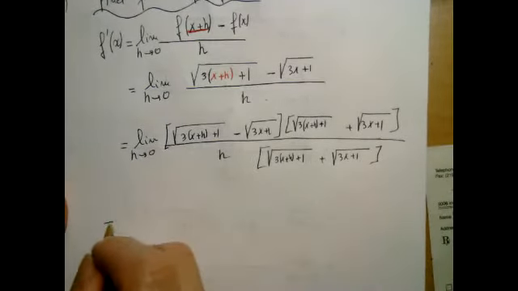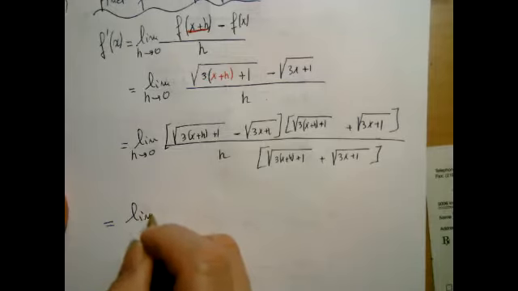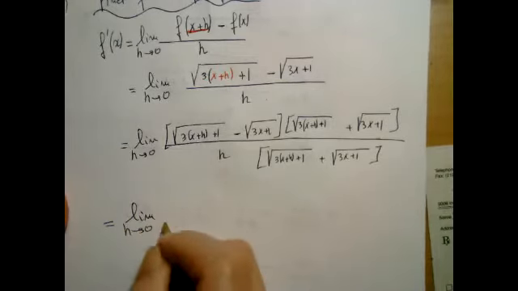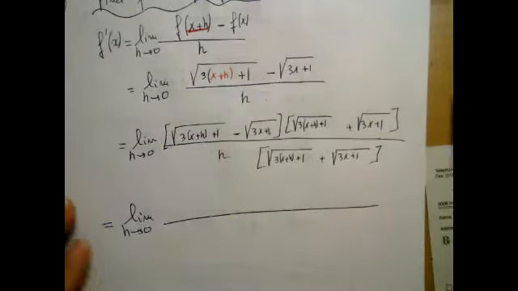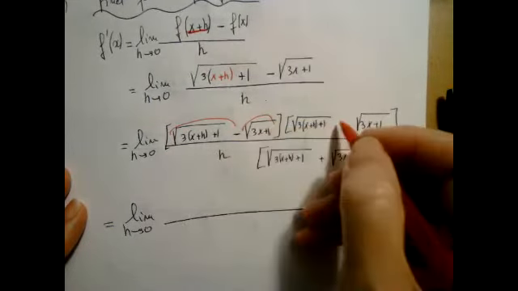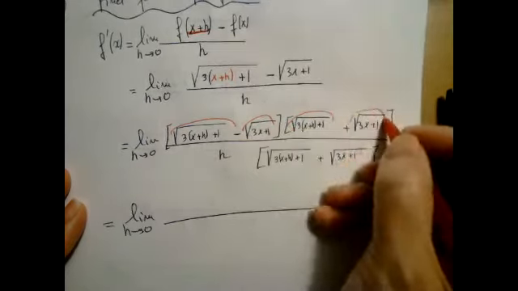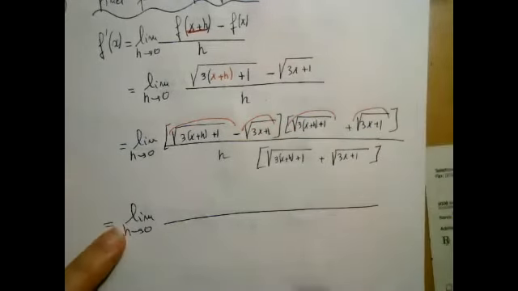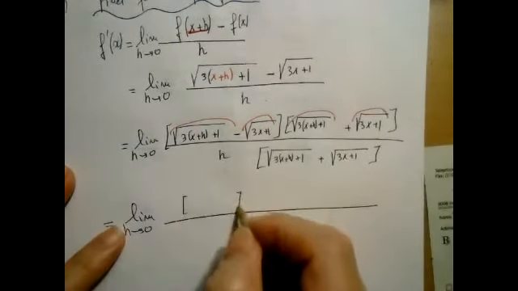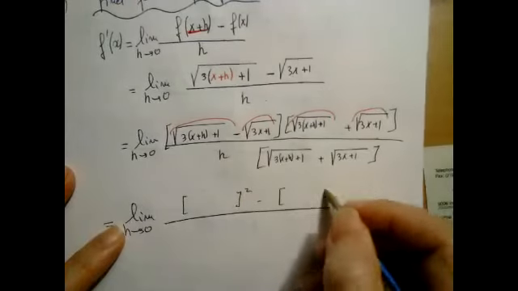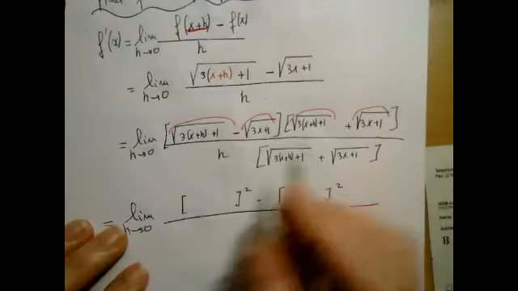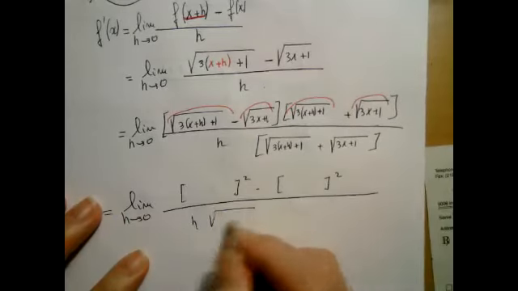Let's see what we have now. This is a minus b times a plus b, so we're going to have a squared minus b squared over the same quantity.